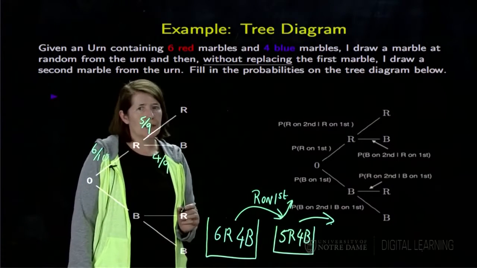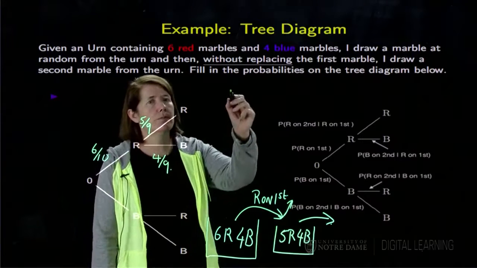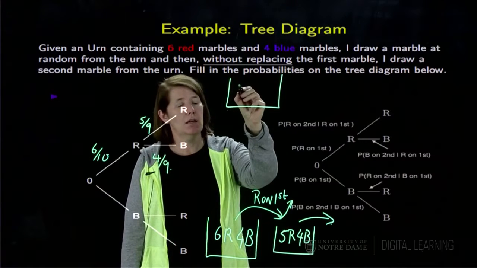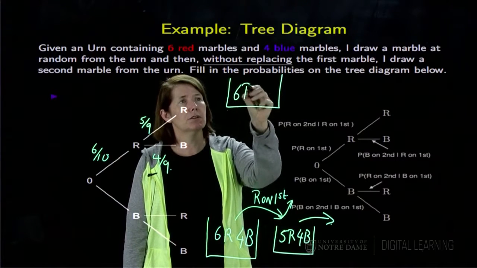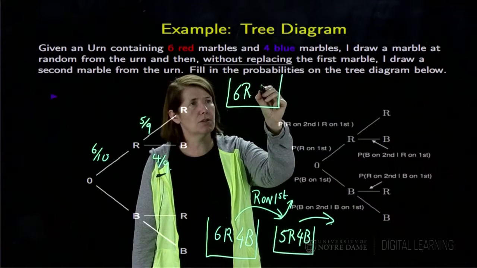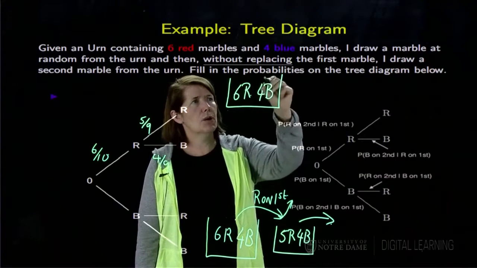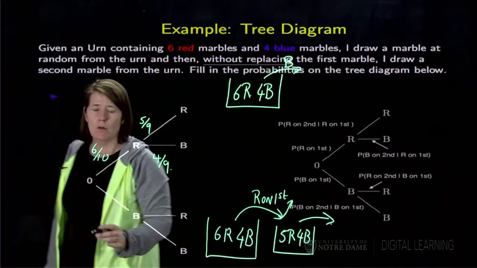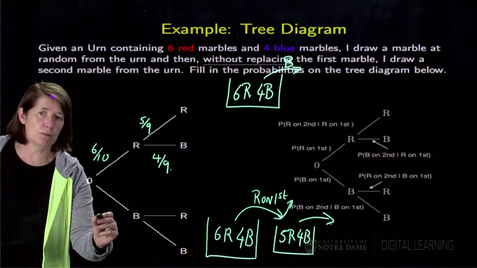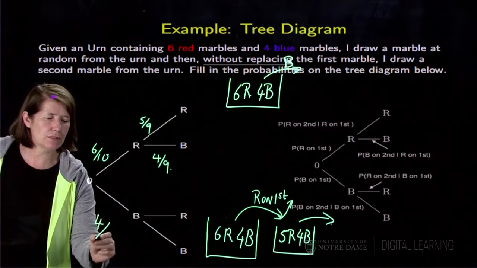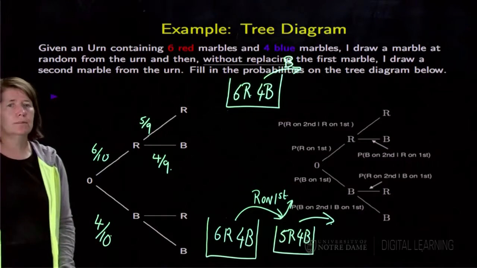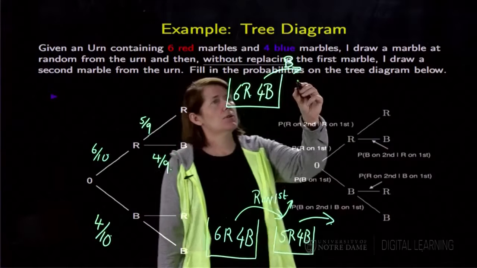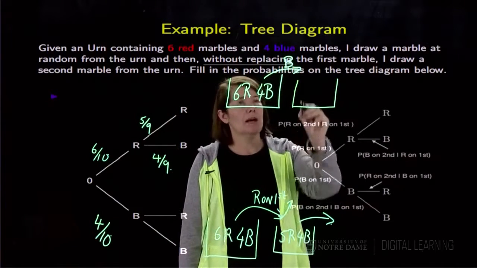Now, if I got a blue in the first draw, these probabilities would be different. The chemistry in the urn would be a little different after the first draw. So I start with 6 red and 4 blue, and suppose I drew a blue marble on the first draw. Well, the probability I'm going to get a blue marble in the first draw, there are 4 blues out of 10 marbles, is 4 out of 10. And now, that blue marble doesn't go back in.